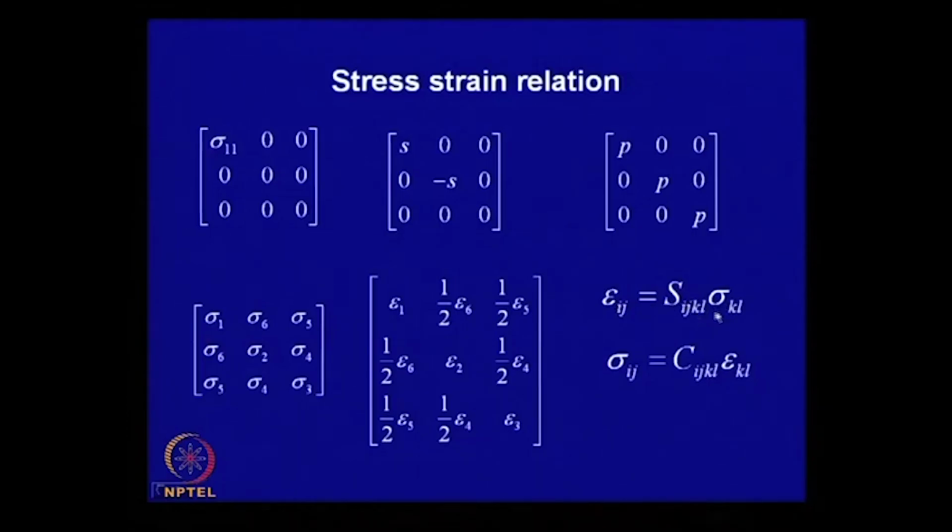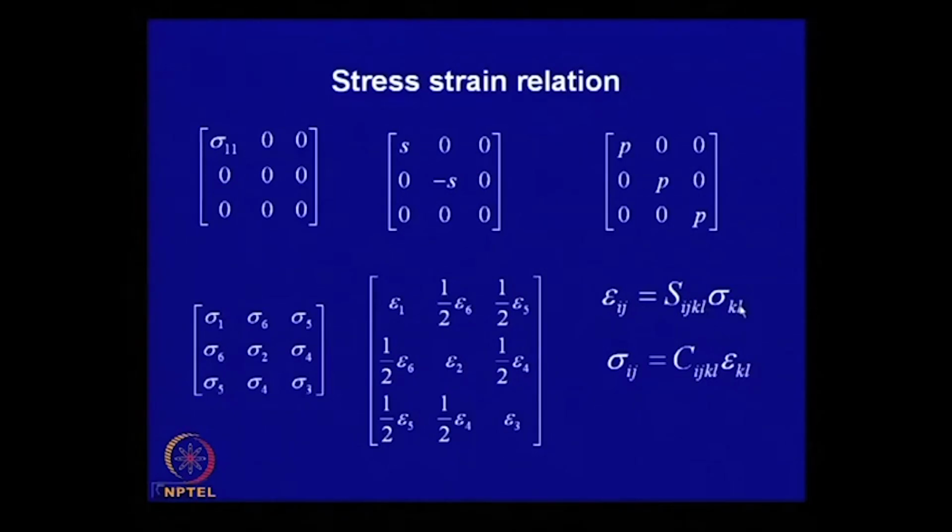See, i, j, k, l change from 1 to 3, and wherever indices are repeated, like k appears here and k appears here, this represents summation over k, with k extending from 1 to 3, similarly l extending from 1 to 3. Similarly, you will have exactly the same thing here also. Now, as you can see, each of these indices changes from 1 to 3.